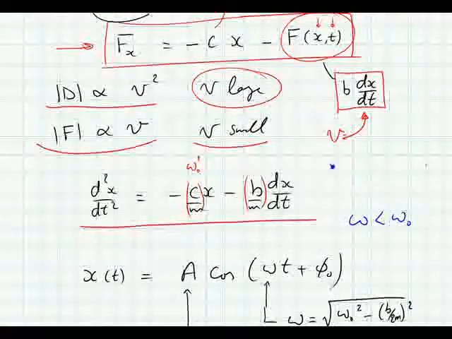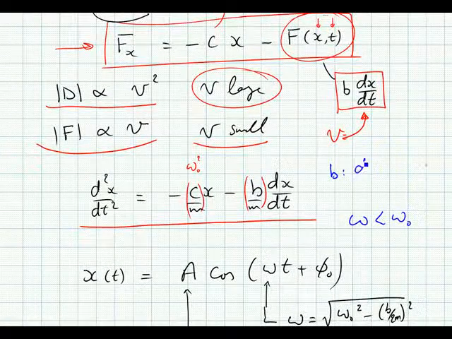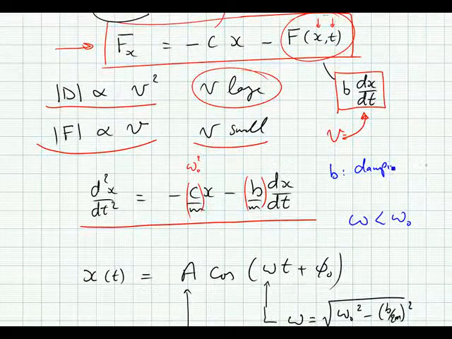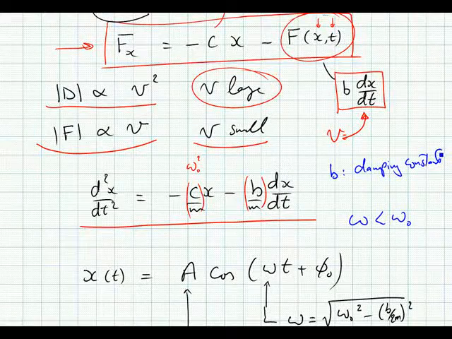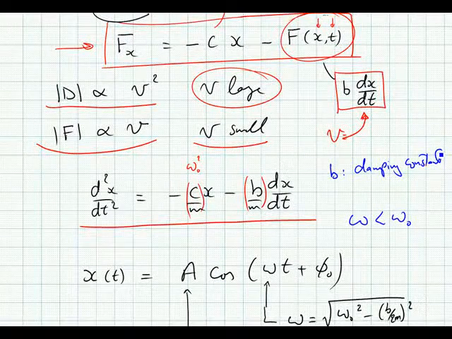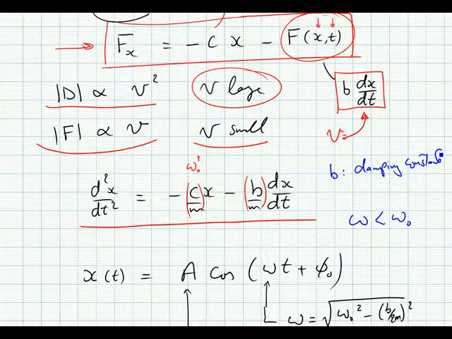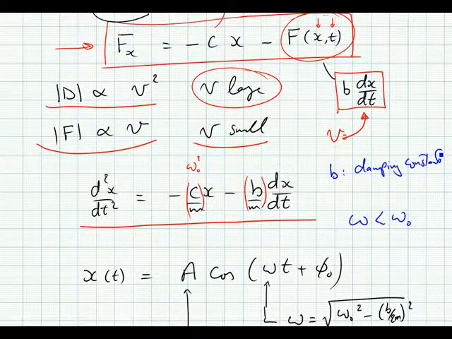In fact, constant b is called the damping factor or damping constant. So the larger b is, the larger the resistive force is going to be on our motion.